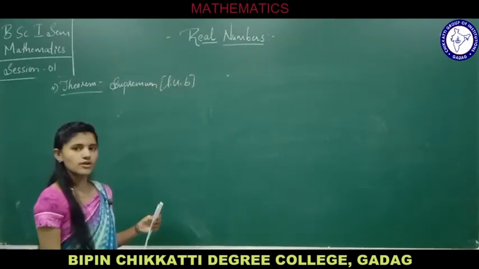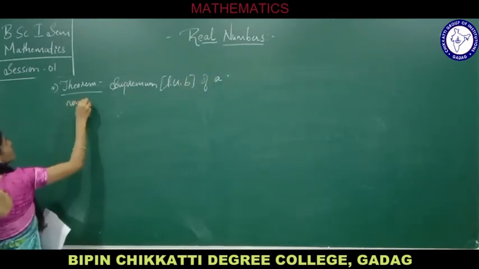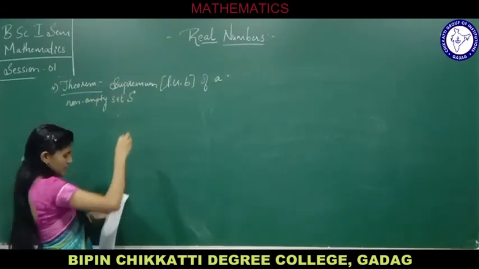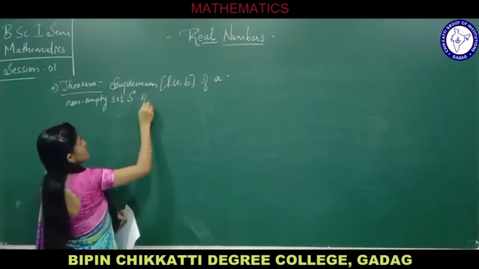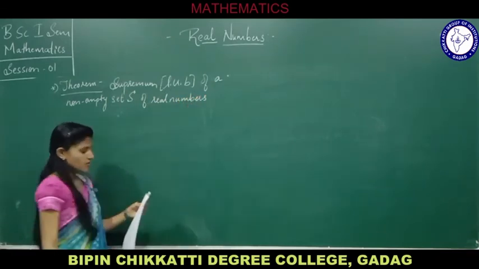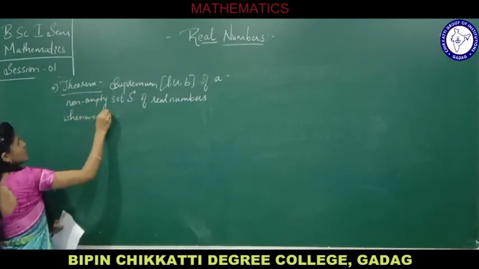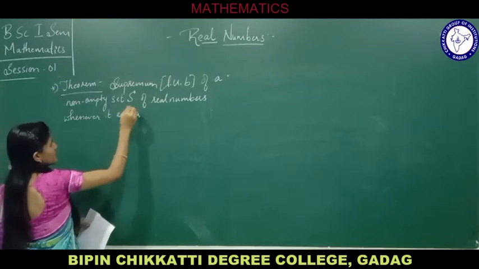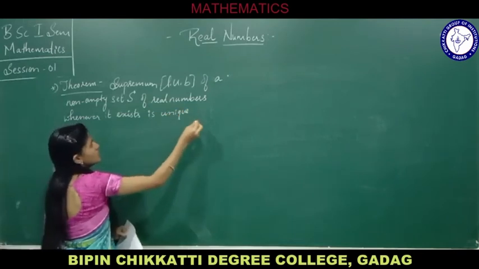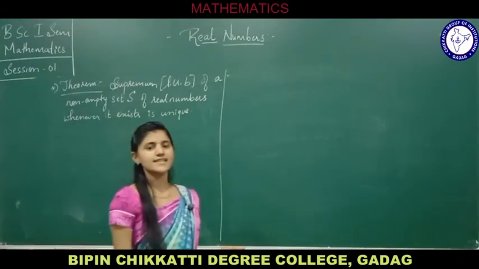Supremum of a non-empty set S of real numbers, whenever it exists, is unique. What are we supposed to prove? Supremum, whenever it exists, it is unique.